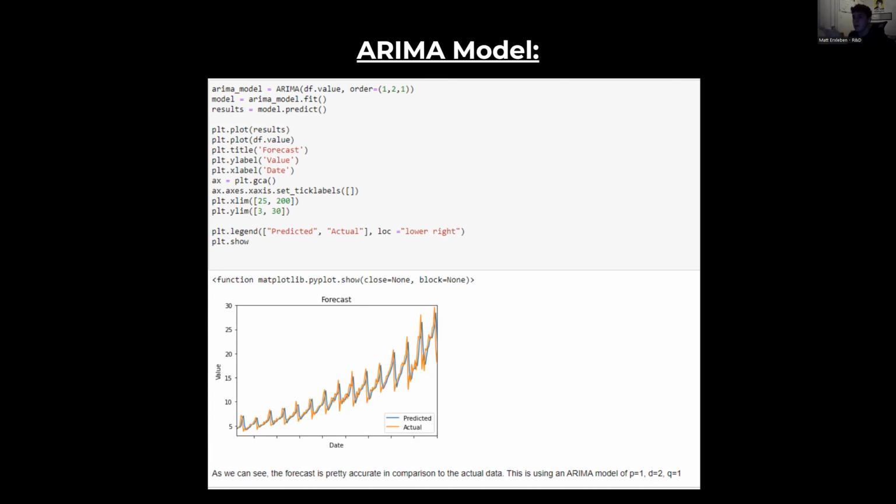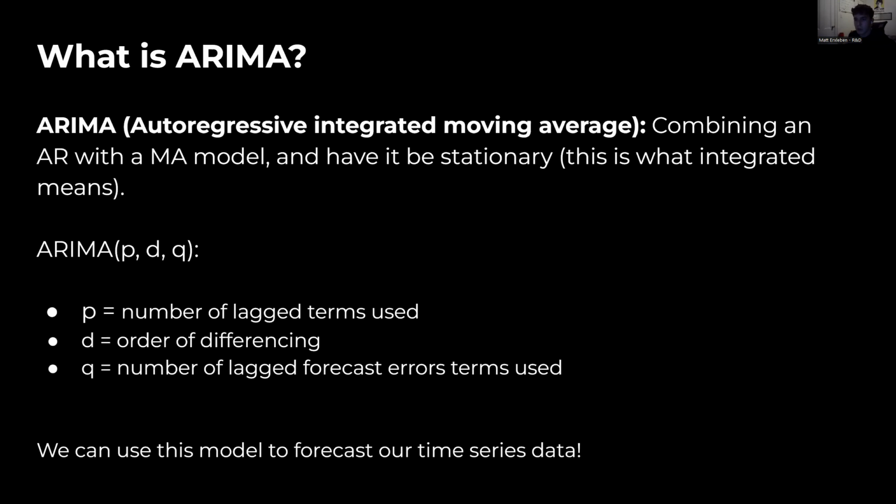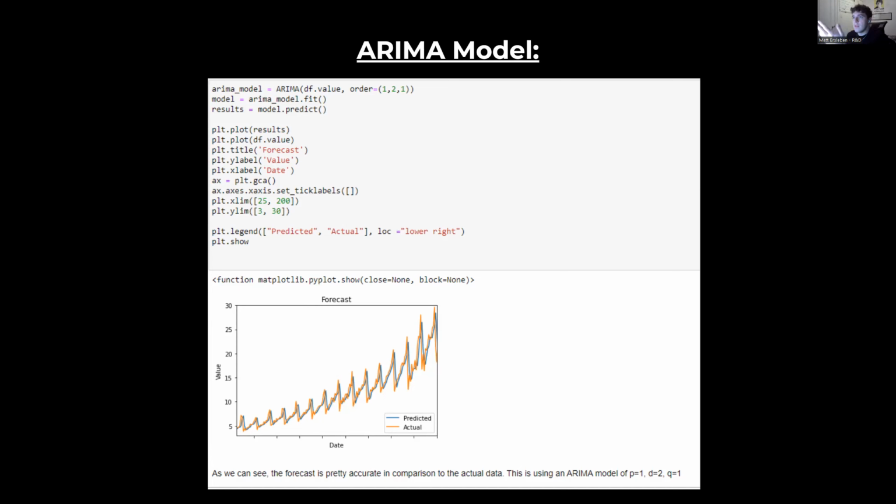So what does that mean? Well, like we talked about, the ARIMA model has 3 parameters, right? So you have P and D and Q. So in this model, we have P equal to 1, which means that we're going to be using, like we discussed before, one AR term from the AR model, which we found from the PACF test.